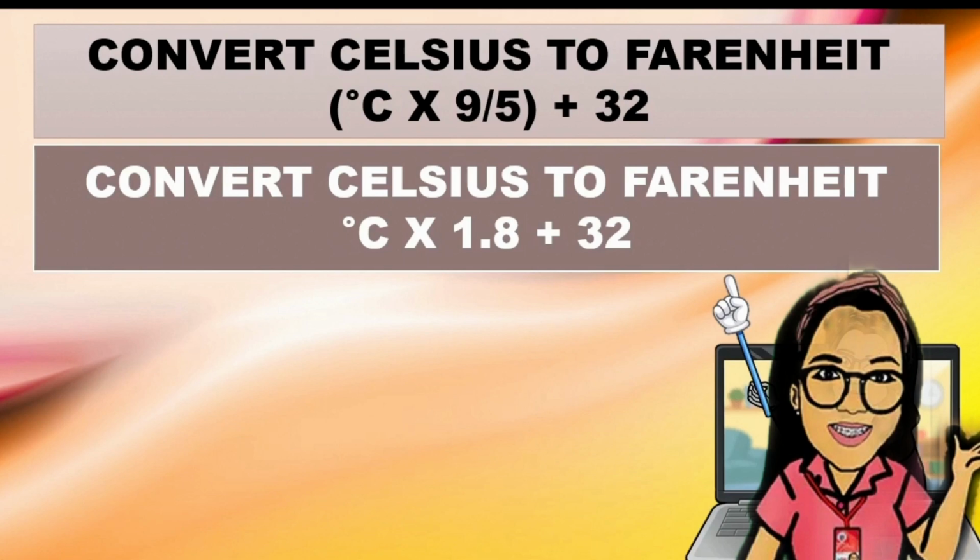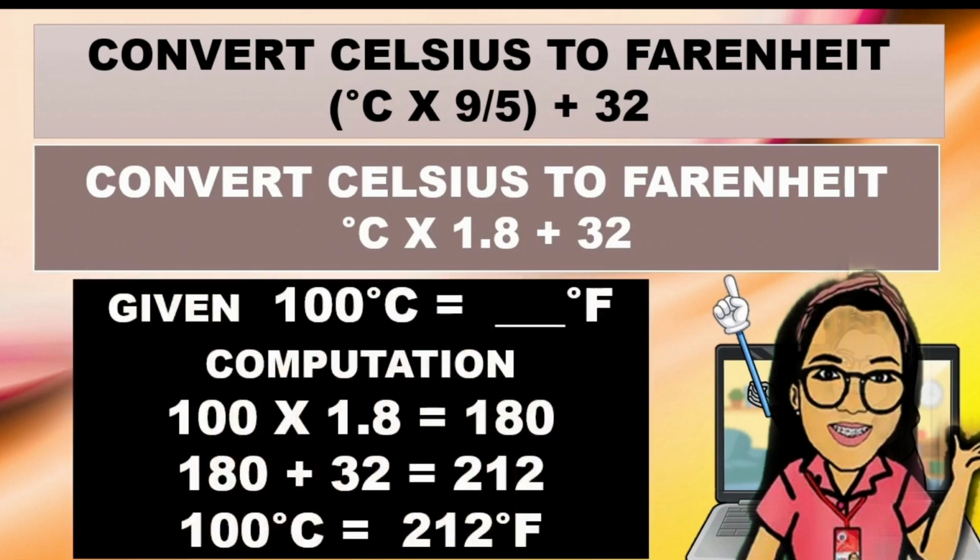Let us have our example. Our given is 100 degrees Celsius. You will convert it to degree Fahrenheit. Our computation: 100 degrees Celsius times 1.8 equals 180.